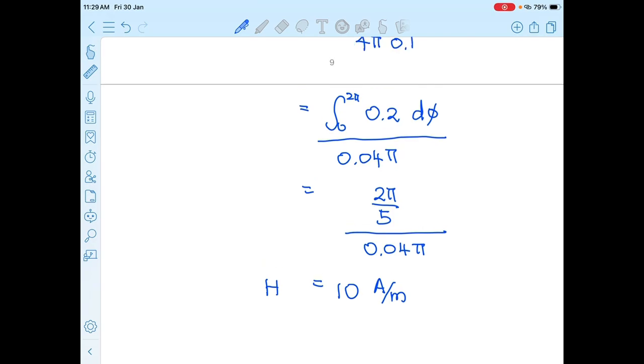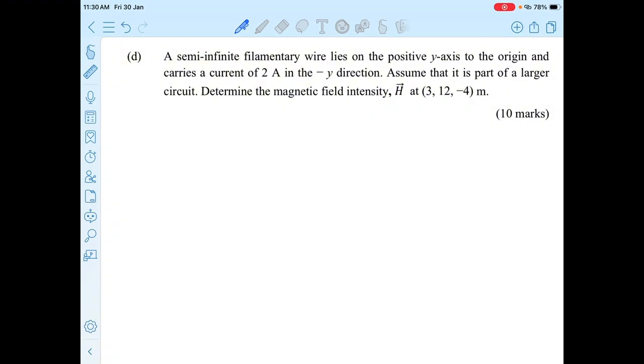For question D, you have a semi-infinite filament wire. It lies on the positive y-axis, so let's draw this and imagine how the line looks.